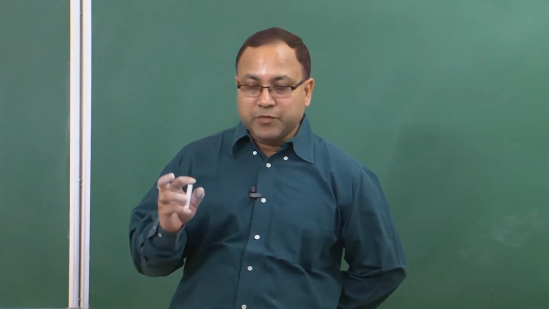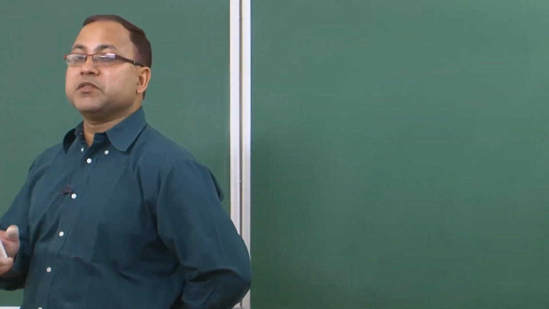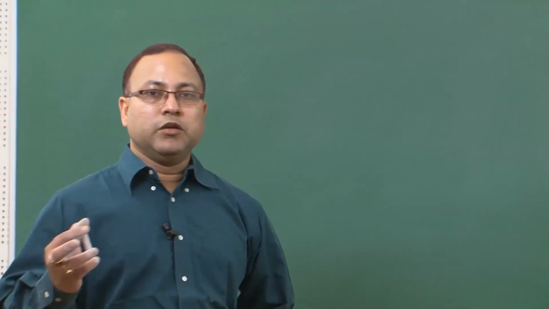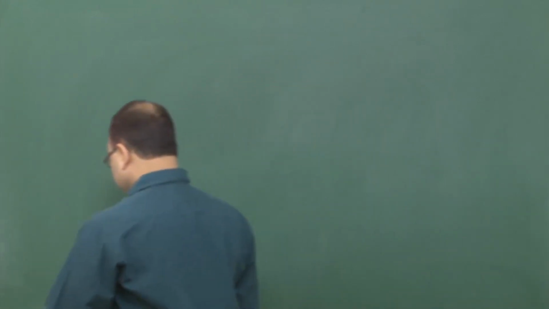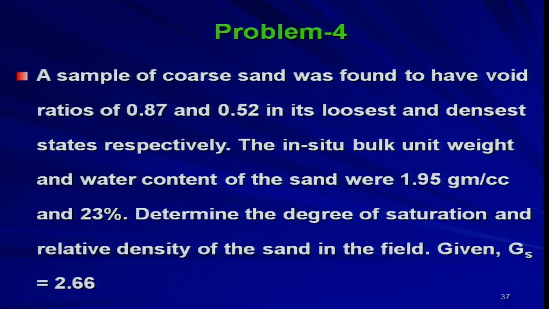So, basically you need to determine two things, one is the degree of saturation, another one is the relative density, and you are given the loosest void ratio as well as the densest state void ratio. Let us solve this problem, problem 4.